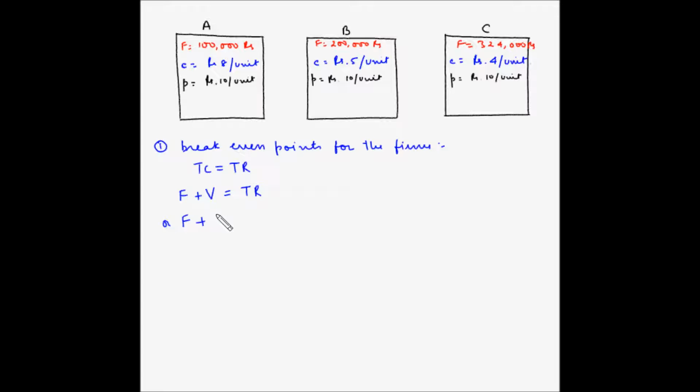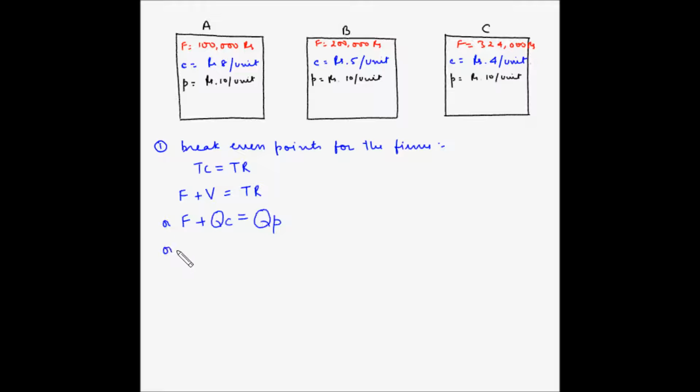Now fixed cost is constant, but variable cost varies by the number of units which are being produced. So let's say the number of units which are being produced at the break-even point is Q, and the unit cost is small c. So this is equal to the total revenue, and the total revenue will be equal to the quantity produced multiplied by the price of each unit at which it is being sold in the market.